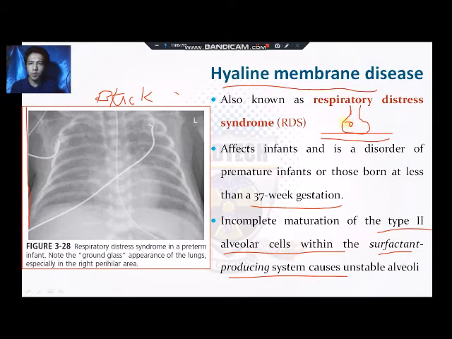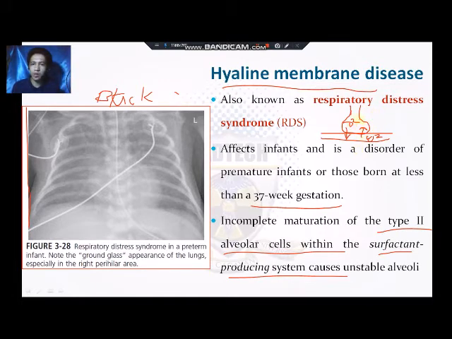So O2 is supposedly should pass through towards the capillary system, and then CO2 should pass through, should diffuse padulong dito sa ato ang alveolar sacs na CO2 from the blood. Okay, so the problem with this one, the hyaline membrane disease, is kani siya dili kay sa paka-pass through ang imong O2 pasulod diri sa capillary system. Si CO2 pod sad dili pod sad siya pakagawas dito sa atong alveolar sacs.